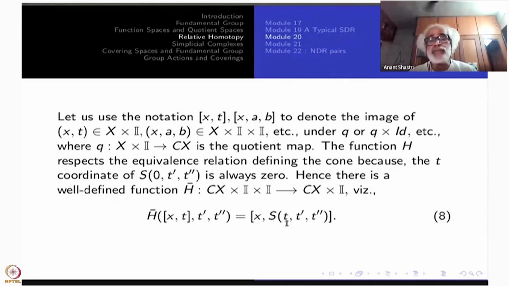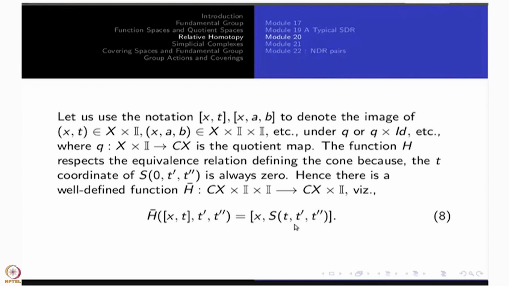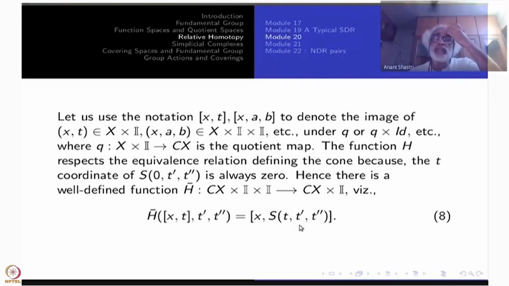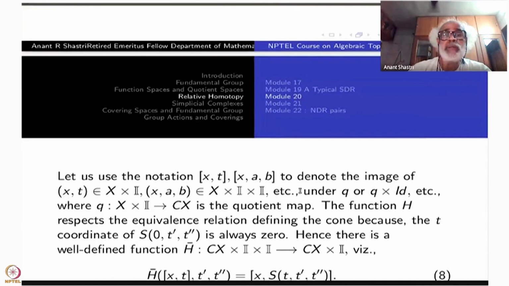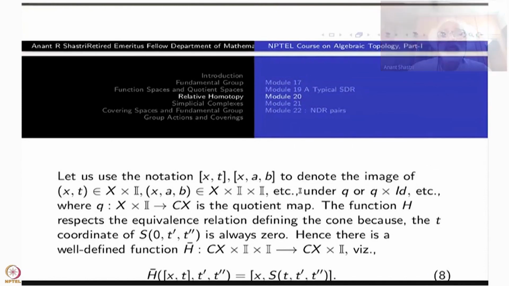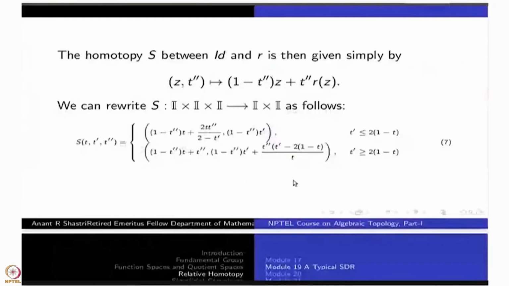Instead of writing S in two different formulas and so on, I'm just writing it this way. So you have to just check this S is the function that we got last time. Okay, let's have a look at this one. When t is 0, what happens to the first coordinate here?